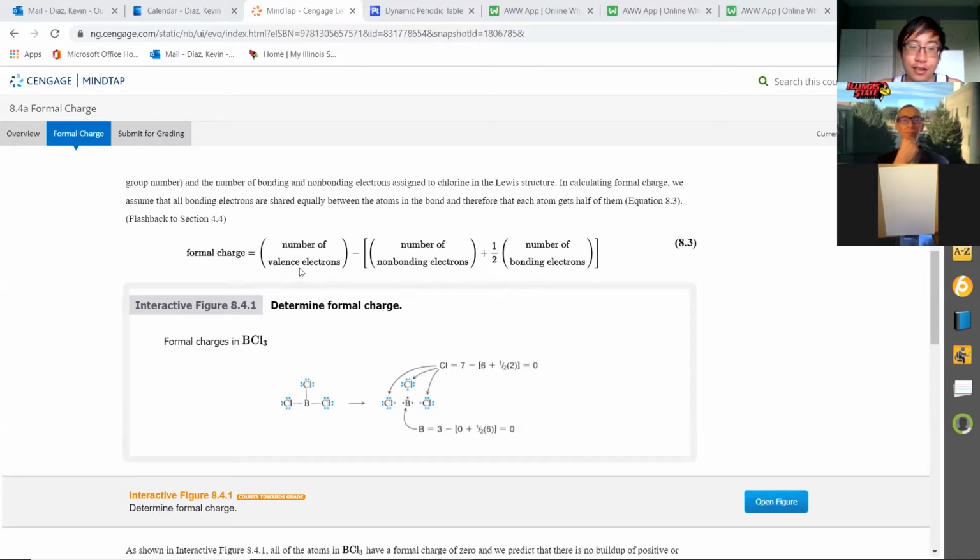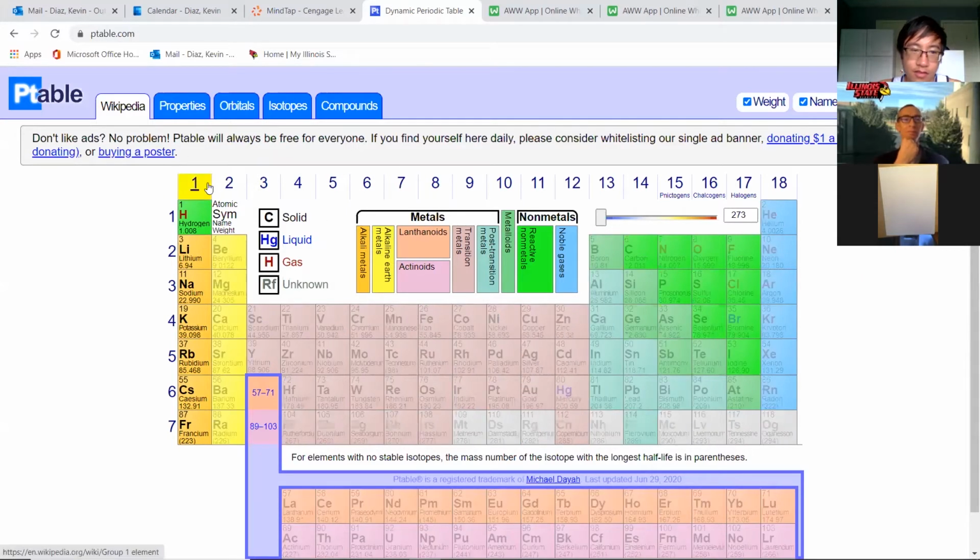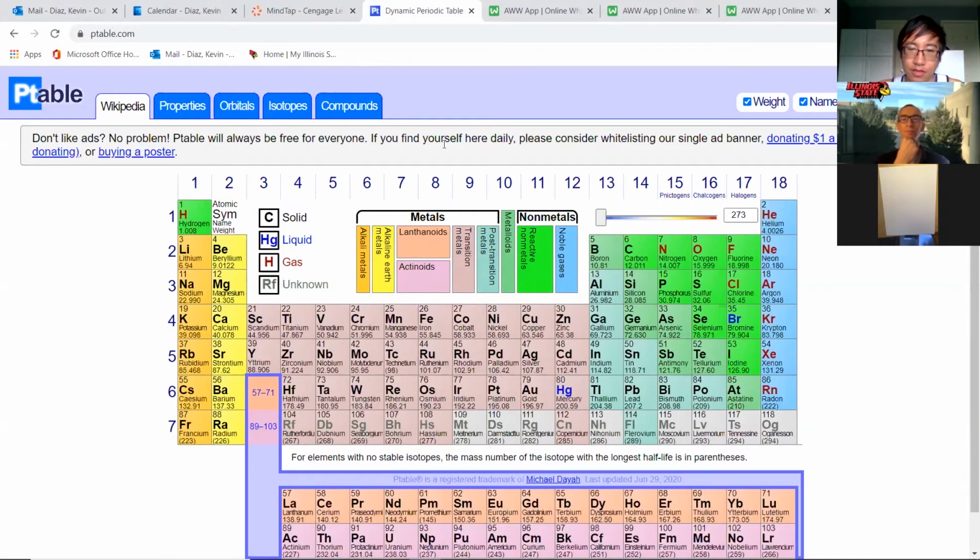But you still need to know how to draw Lewis structures and what valence electrons are, and most importantly, how to read the periodic table for an element's number of valence electrons. And so we have group 1 is going to have 1 valence electron. Group 2 is going to have 2.